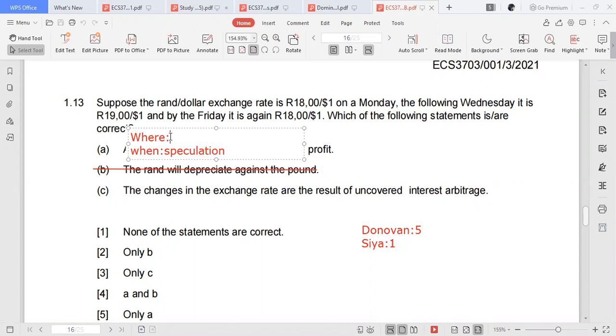You buy it in Cape Town, you then go and sell it in Johannesburg. That is arbitrage, Donovan. But this statement does not refer us to any place. For arbitrage to take place, we must first have two monetary centers. And we do not have that in such a statement.